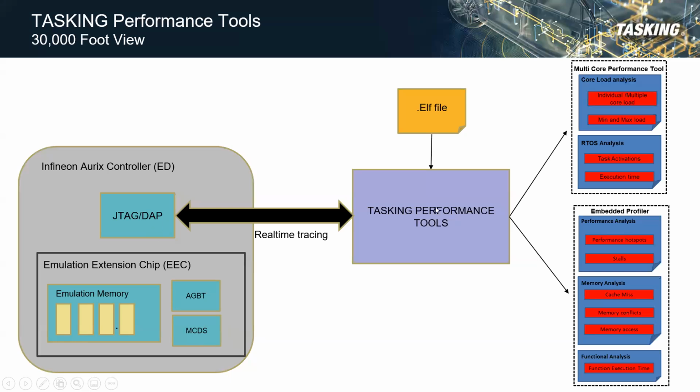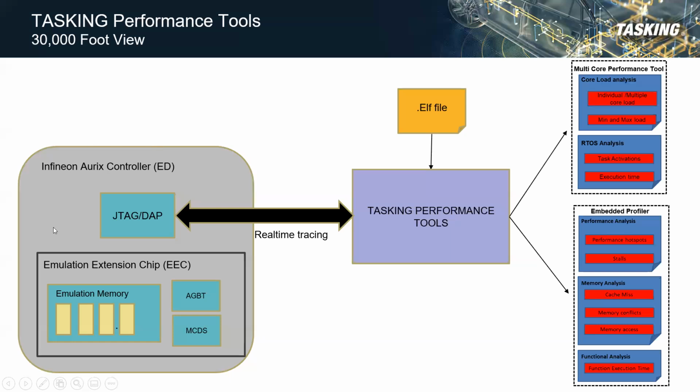Basically, the AURIX communicates to the tasking performance tools, or the PC here, over the JTAG or DAP interface. So you take the ELF file, which is programmed into the ECU, the AURIX emulation memory basically goes to the tasking performance tools, and that leads to your multi-core performance tool and your embedded profiler.